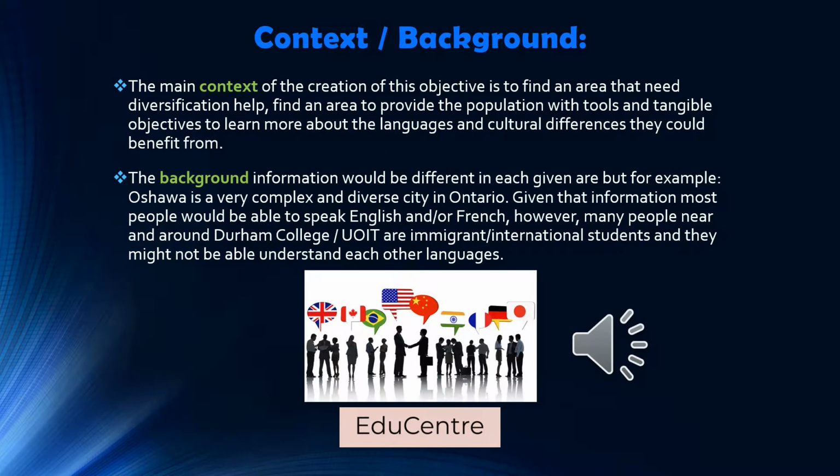So in regards to the context and background section of this presentation, the main thing about context is to understand the objective and what we need to set the objective and to have the proper results that we're looking for. For example, this main objective for us is to diversify the population in terms of different languages, so the students can have a tangible learning environment and have takeaways from it, and so they can bring that to their families and friends and everything like that.